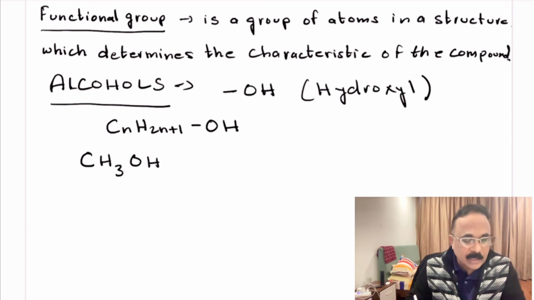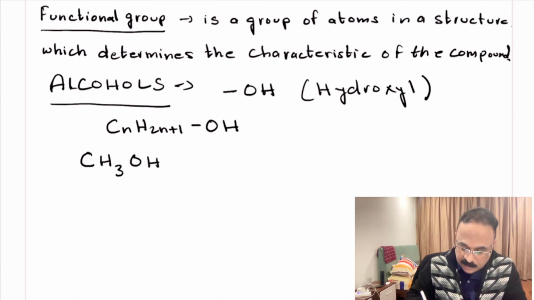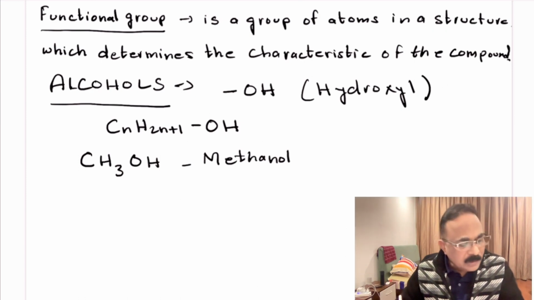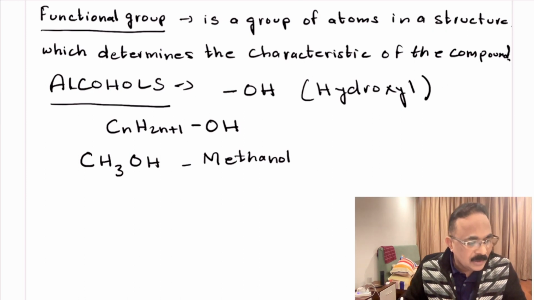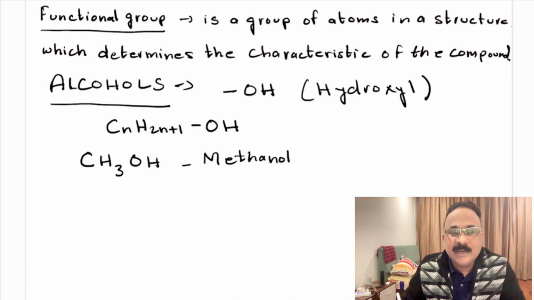So this is the formula of the first alcohol, and we call it methanol, M-E-T-H-A-N-O-L. What we observe is that they all end with the suffix OL. So all the alcohols will have a suffix of OL: methanol, ethanol, propanol, butanol.